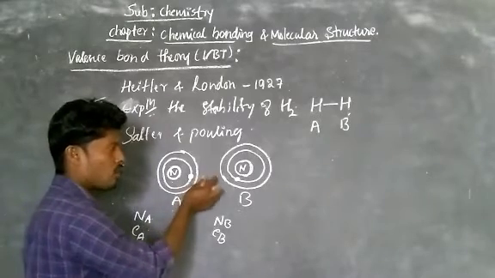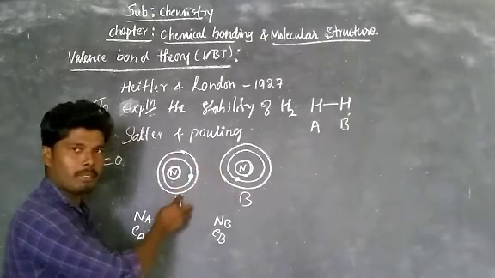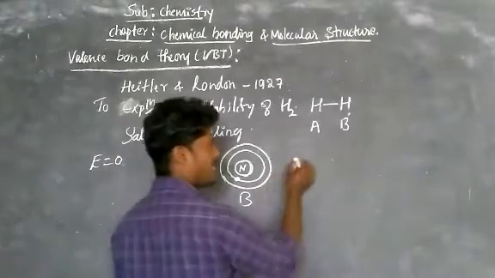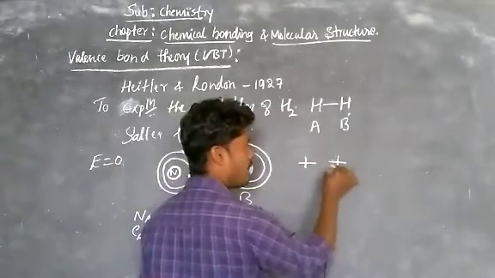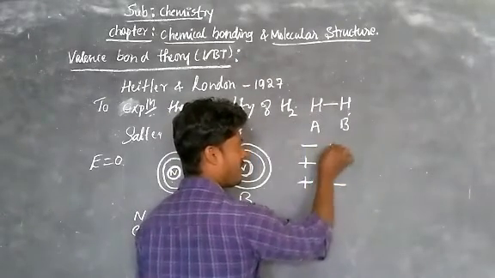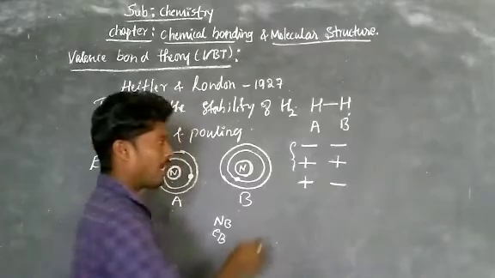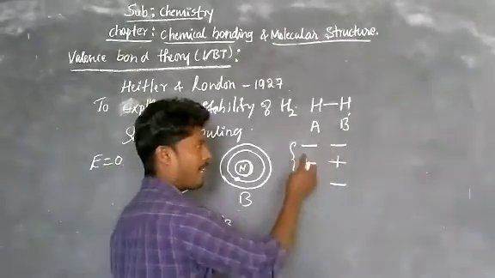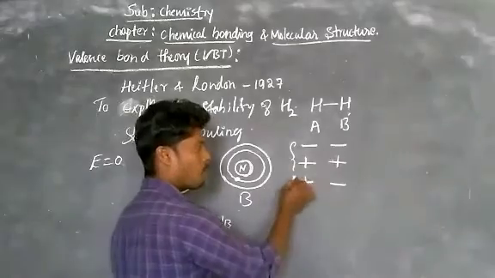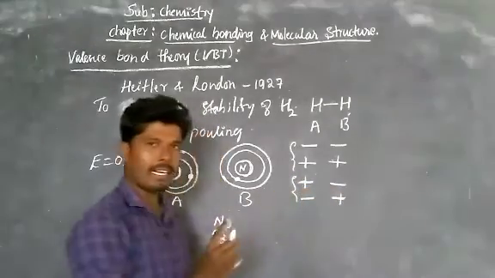The repulsive force and attractive force operate between these two atoms, because you know equal charges repel each other and opposite charges attract each other. Whether plus and plus or minus and minus, the same charges repel each other, and the opposite charges, plus and minus, attract each other.